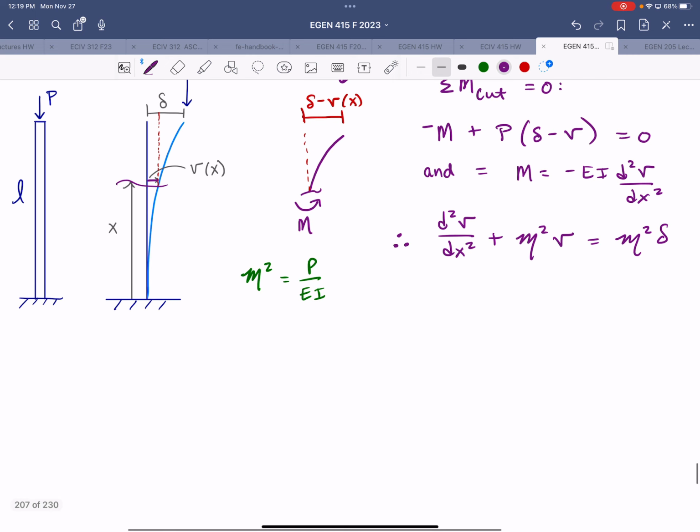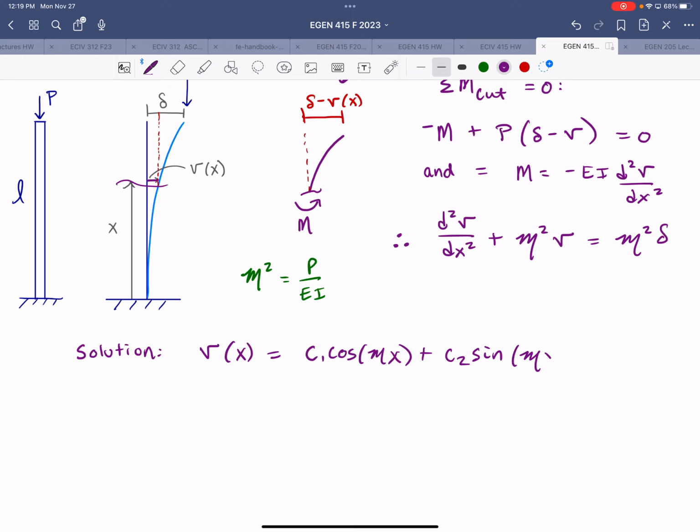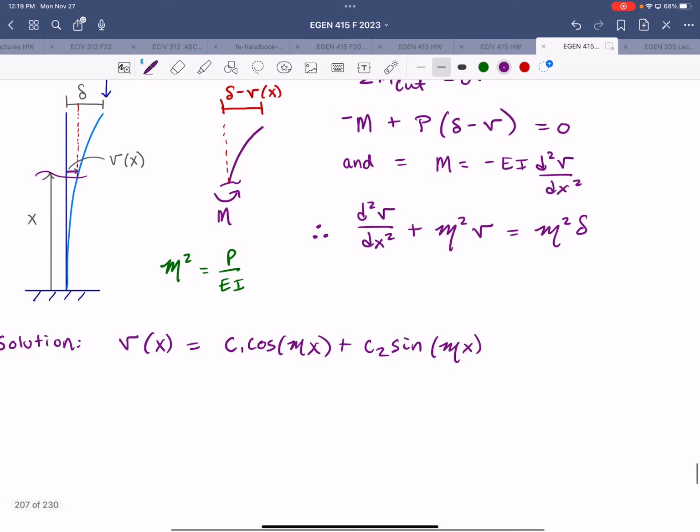Now the solution to this problem here will be of the form C1 times cosine of mx plus C2 times sine of mx, and those are all the lowercase m's, plus delta.